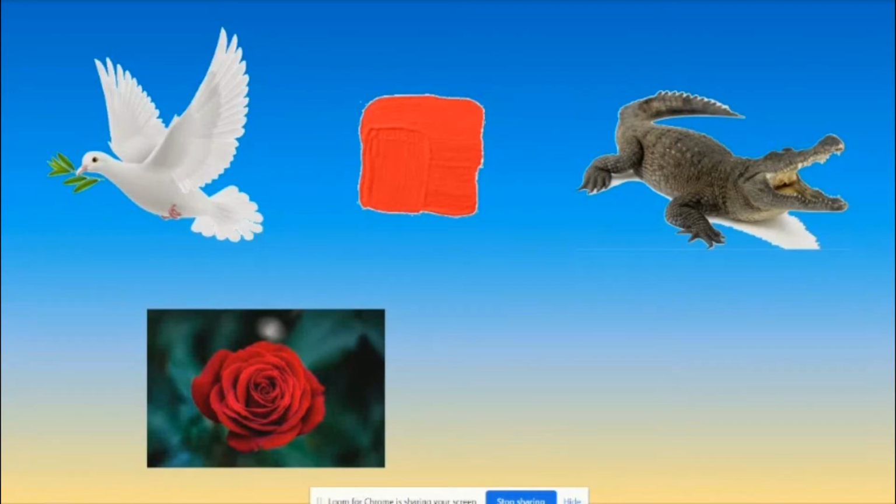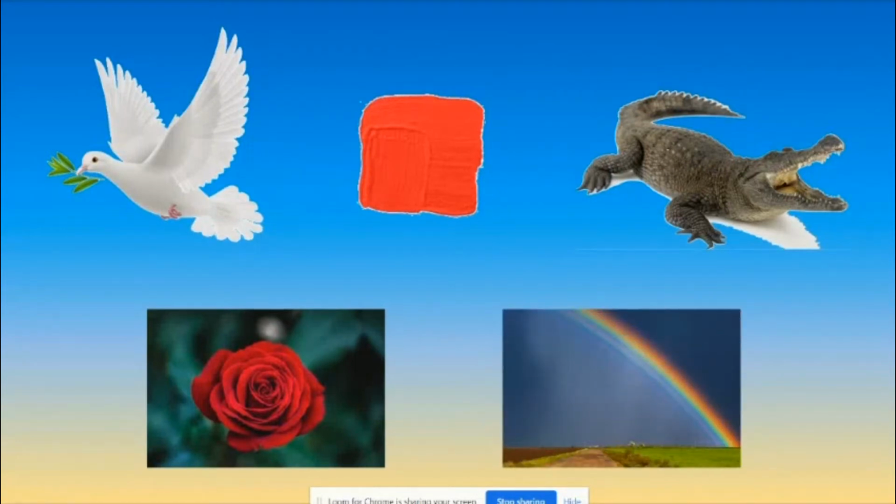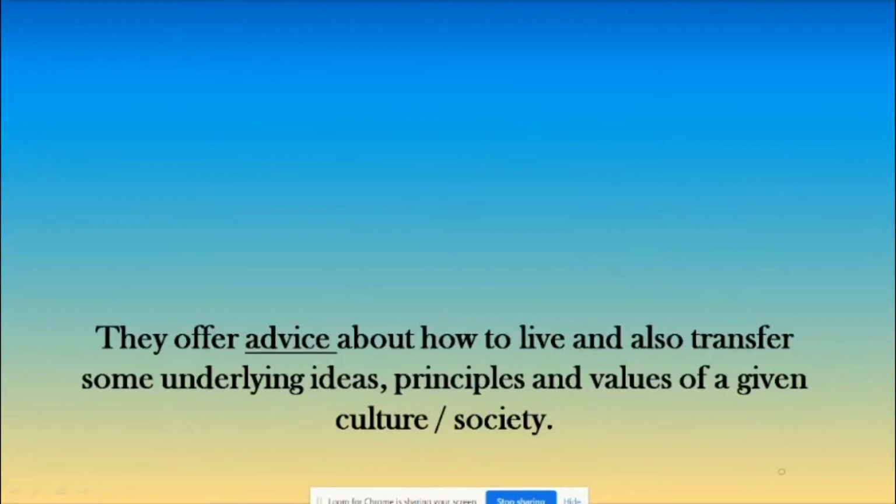As a connotation, a rose signifies love. Next, we have the rainbow. As denotation, a rainbow is the reflection or refraction of light. As connotation, it can mean hope or even good luck. It can even mean pride for the LGBTQ community.